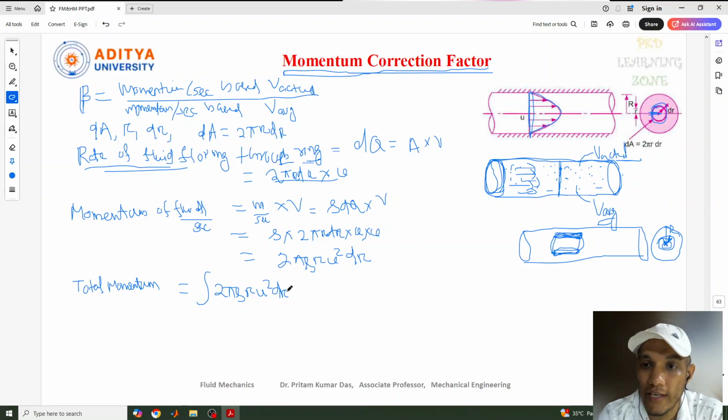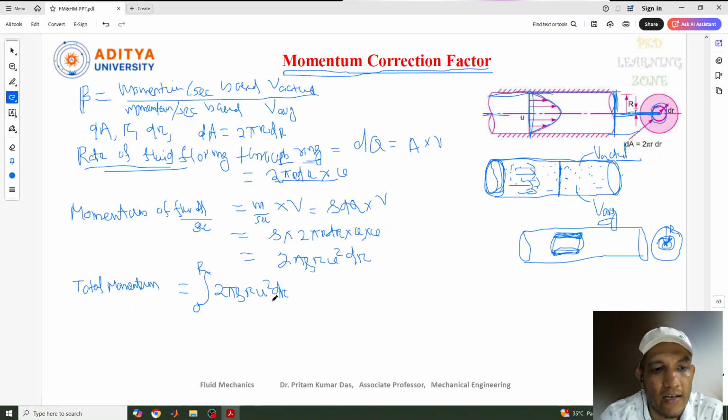Across the section means we consider throughout the section, starting from 0 value and going up to the point r. So the total momentum is the integral of 2 pi rho u square r dr.